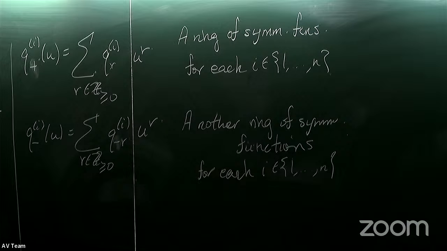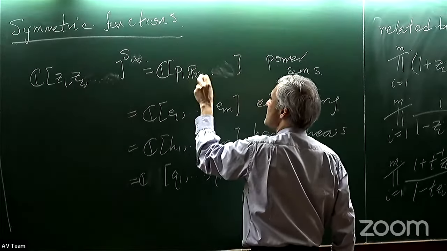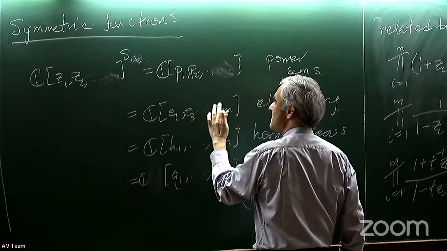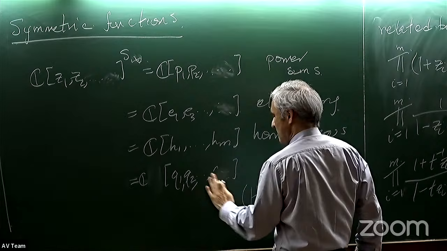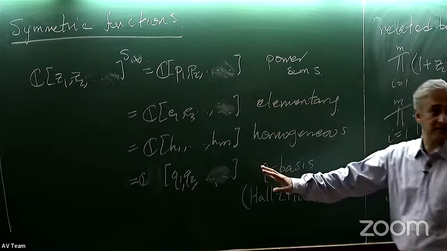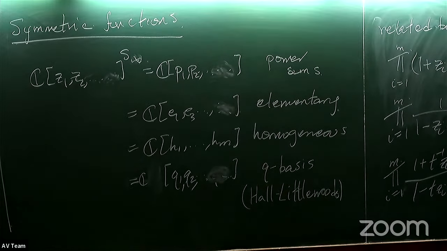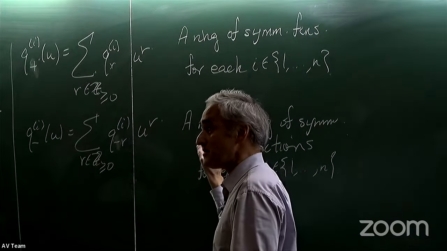So this is z_1, z_2, and so on to infinity, and this is p_1, p_2, e_1, e_2, q_1, q_2. In Macdonald's book, this is standard, and we are doing that. We have somehow n different copies of symmetric functions and n more different copies of symmetric functions.